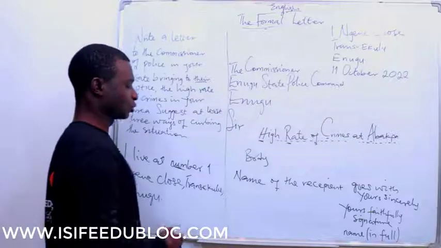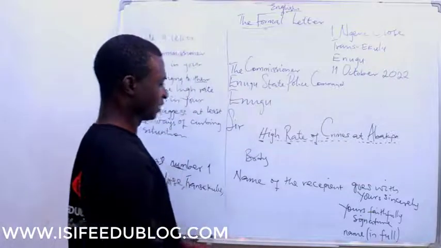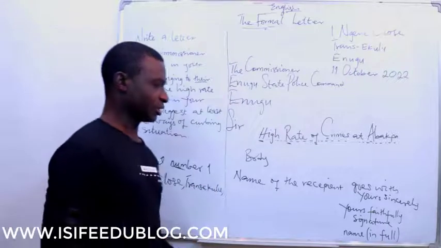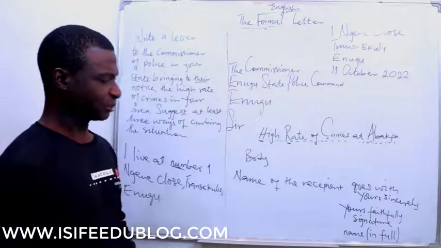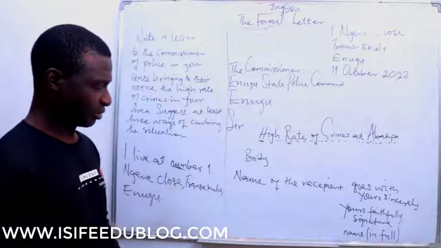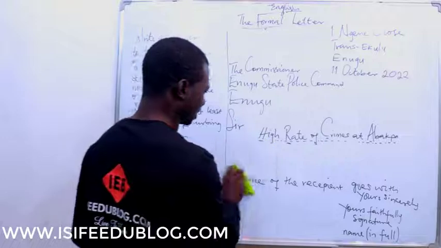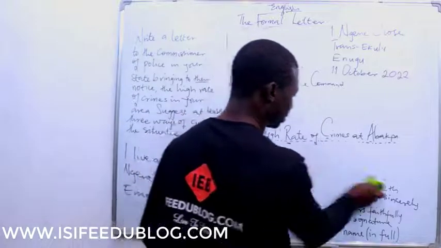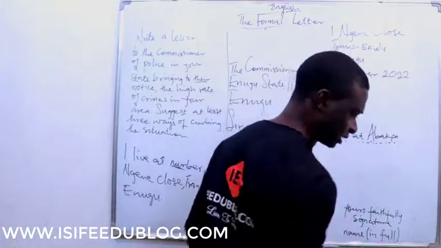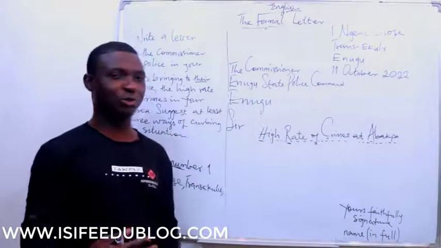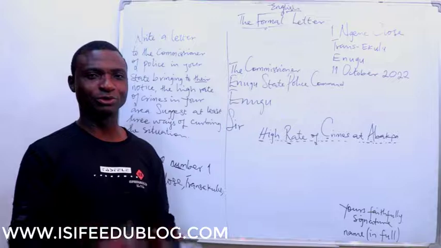Then we come to the body of the letter. For the want of time, I have not written the body on the board, but I will give you tips on how to go about writing the body. First, you have to understand that we do not write formal letters greeting people in such an informal way as, how are you doing today?